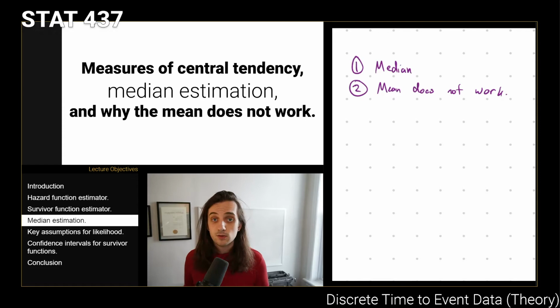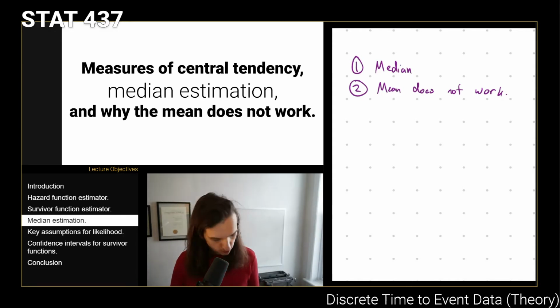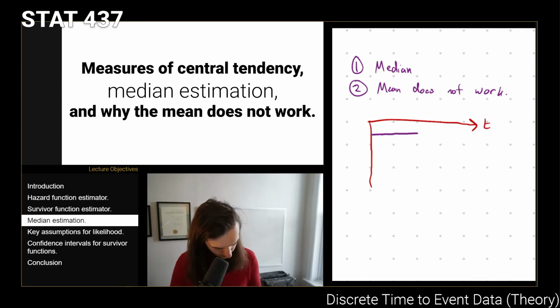Okay, and so what I want you to think about is, let's say that we have a number of individuals here, right? And so what we're thinking about is time is moving along this axis here, okay? And each individual is going to be observed for some period of time, right? And so you can think we have all of these different people.